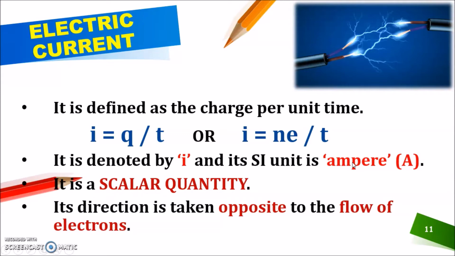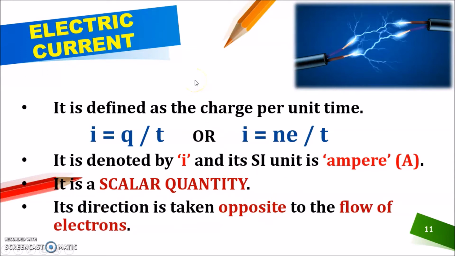According to the physical quantities, the SI unit of current can be coulomb per second. We can write coulomb per second or ampere, both are correct. And it is a scalar quantity. Its direction is taken opposite to the flow of electrons.